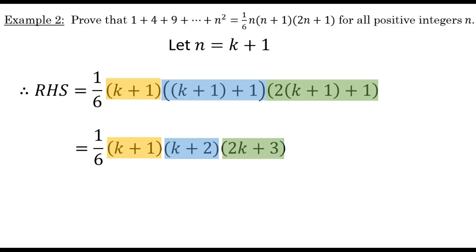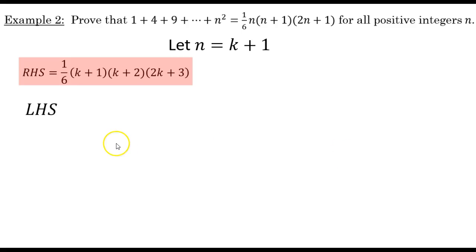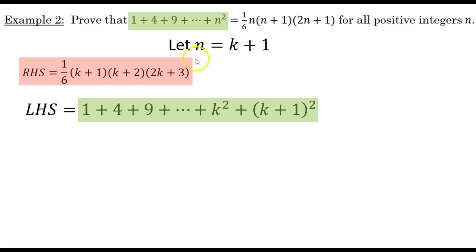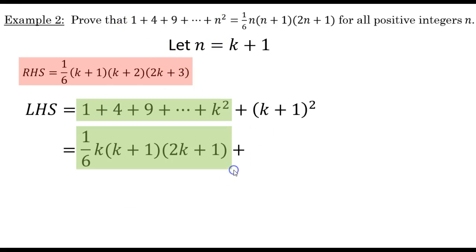Now I'm going to have a look at the left-hand side and try to manipulate it into the same form as this. I've printed that up the top of the page so I can keep an eye on it, so that I just keep manipulating this expression to try to make it look like that. So the left-hand side is the sum of the first k terms plus the k plus 1th term, the next term along after that.